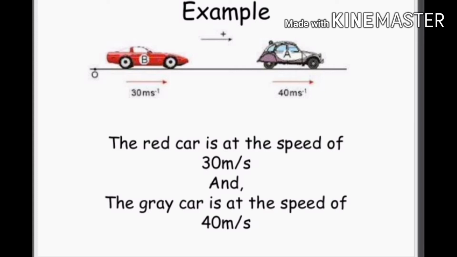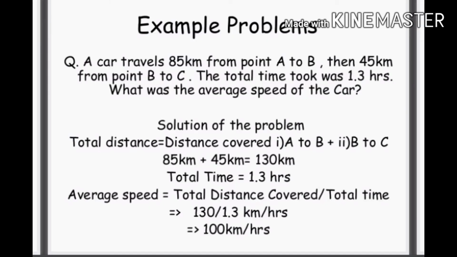If a car travels 85 kilometers from A to B and then 45 kilometers from B to C, and the total time taken was 1.3 hours, what was the average speed of the car? The distance travelled from A to B is 85 kilometers and from B to C is 45.